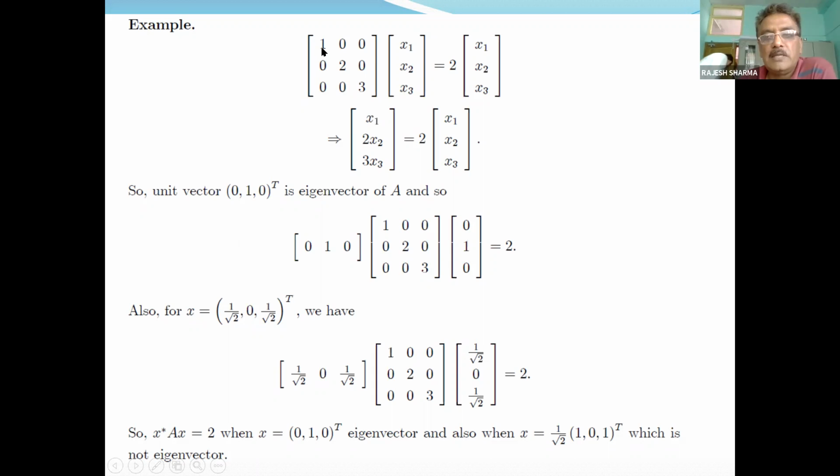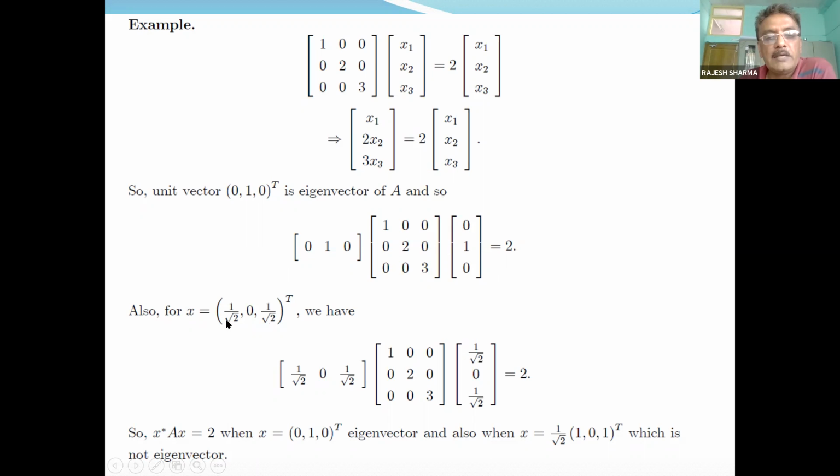For example, consider this simple matrix times x1, x2, x3, equal to 2 times x1, x2, x3. Multiplying these, we have 3x2 equal to 2x3. So x3 is 0, and x1 is equal to 2x1, so x1 is 0. From here, (1, 0, 1) is an eigenvector of A. And so we calculate this x star Ax, which comes out to be 2.